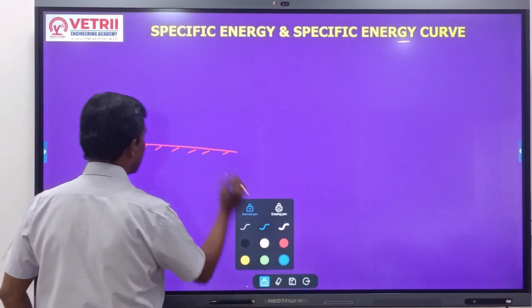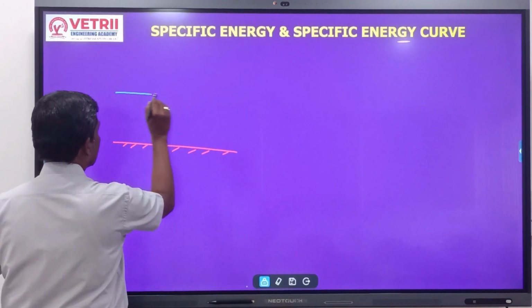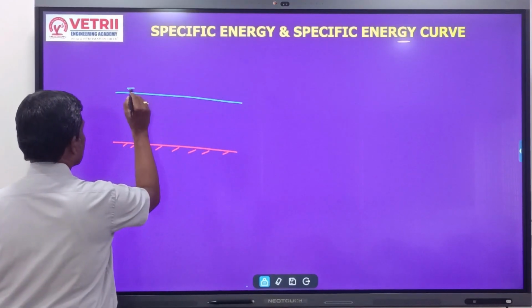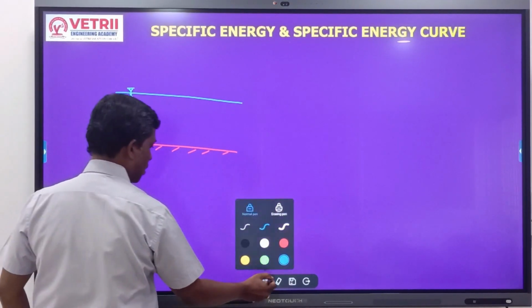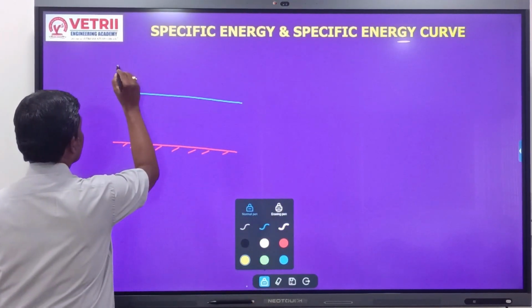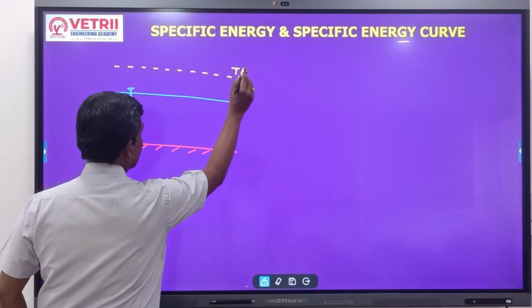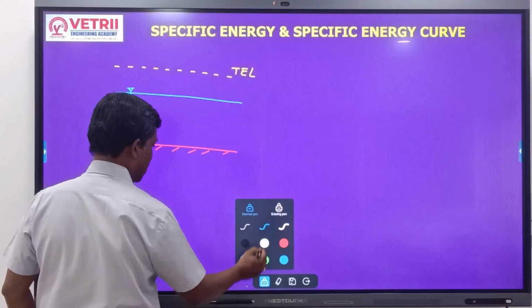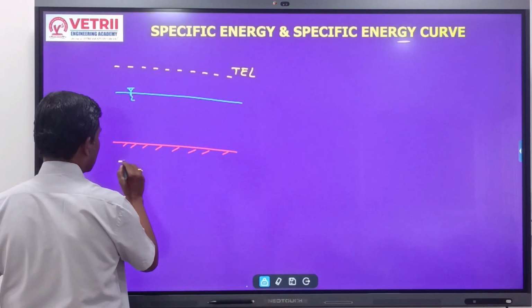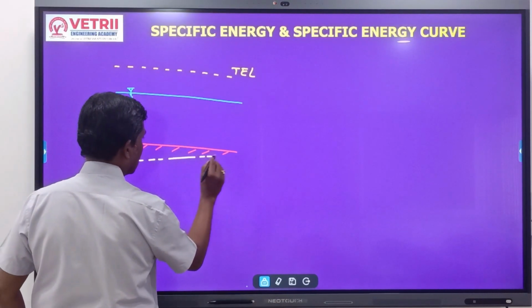Here we have the water surface. Above this we have the energy line, and we take this as the bed.